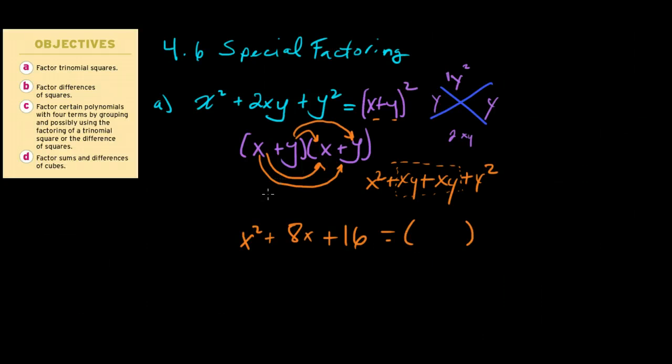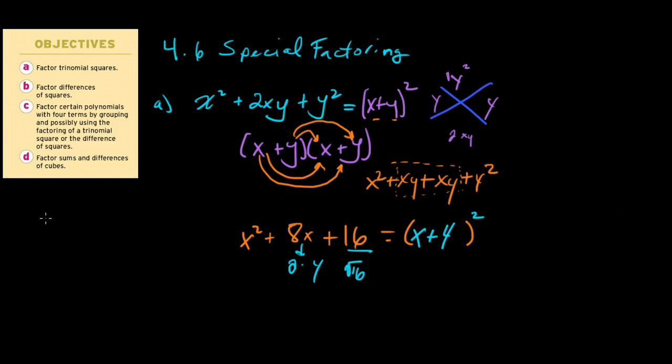Well, recognizing that 16 is a perfect square and that 8 is twice the square root of 16, the square root of 16 is 4. That's how I get 16. 4 times 4 is 16. And this is 2 times 4 here. So that's how I know that my last term will be a positive 4, and then my x squared is just x. And I take that whole thing and I square it, and now we're factored.